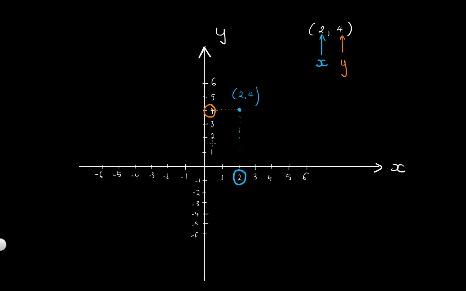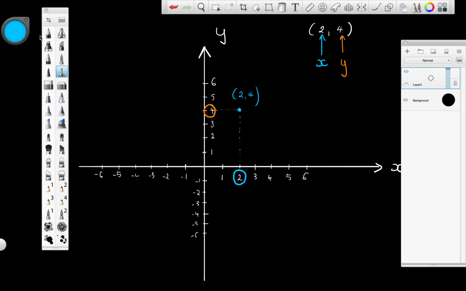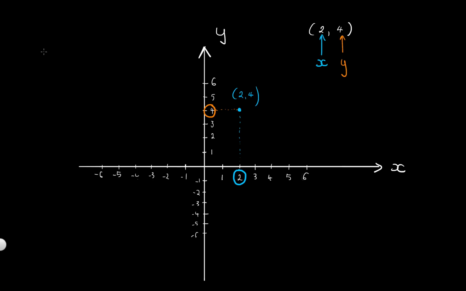I'll do one more example. Let's say we had the point (-4, 5). Well, remember, the x value is first, so that's our x value, and there's our y value. So the x value is going to be negative 4.